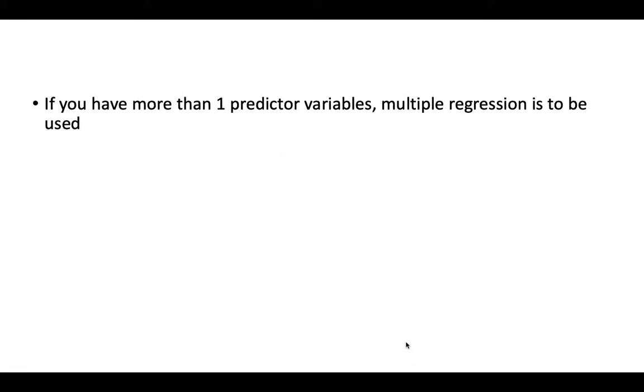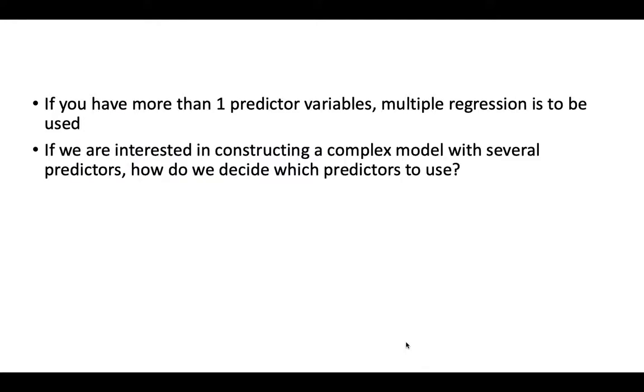If you add new predictor variables, which means you have more than one predictor variable, multiple regression is to be used. If we are interested in constructing a complex model with several predictors, how do we decide which predictors to use? So you are there with your research, you have all these variables, but you don't know which ones to include in your model.